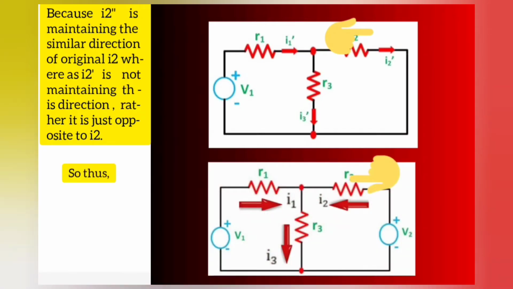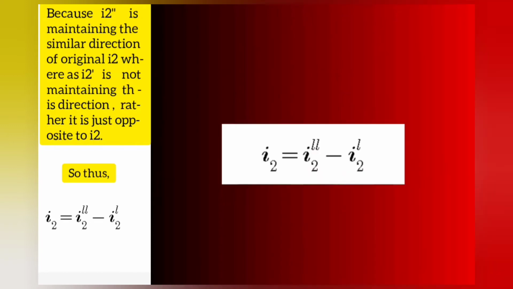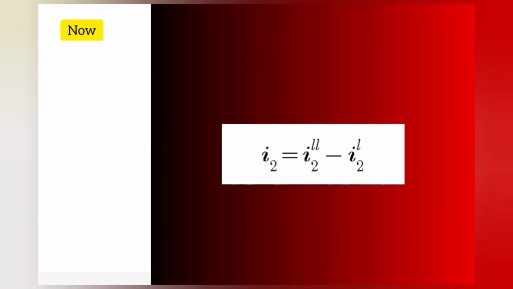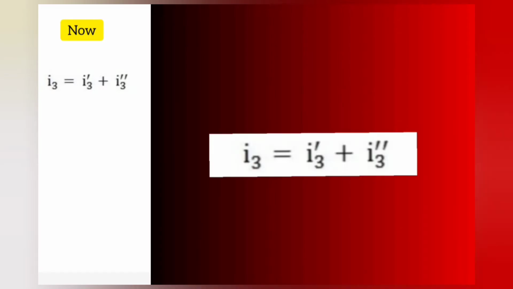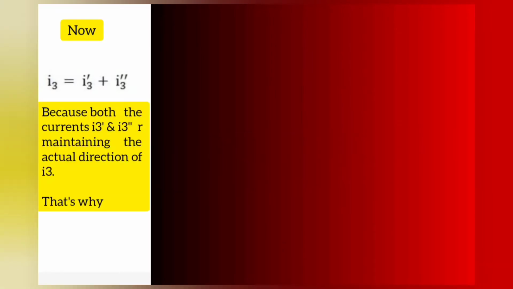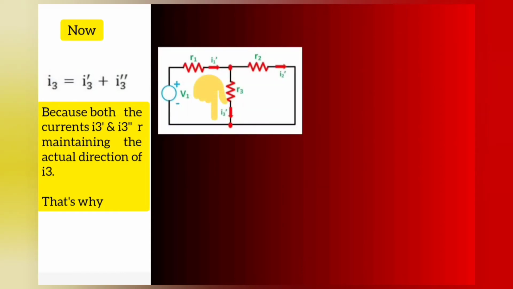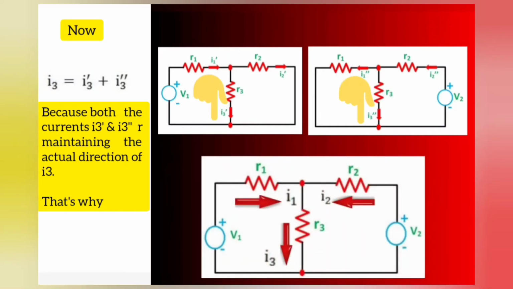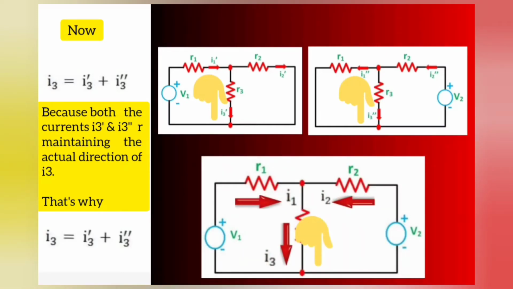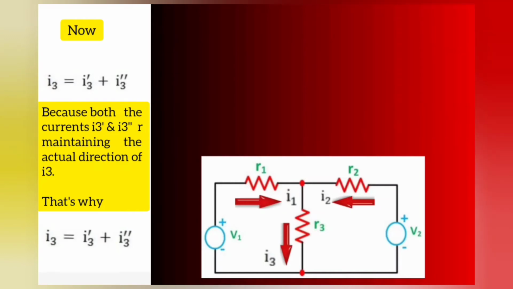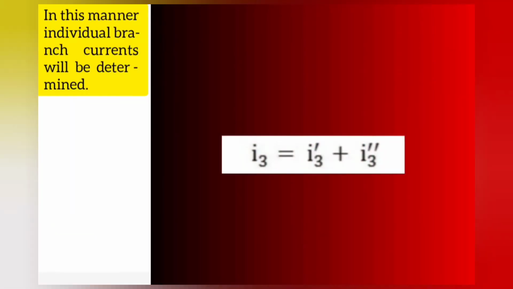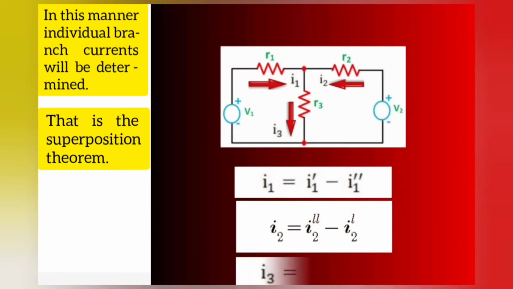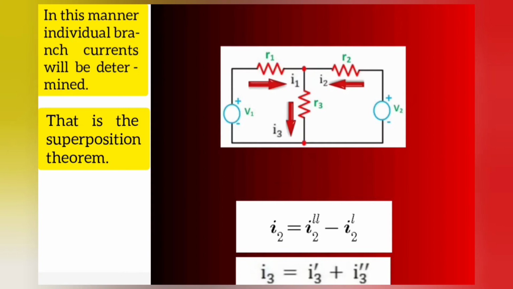Now I3 equals I3' plus I3'', because both currents I3' and I3'' maintain the actual direction of I3. In this manner, individual branch currents are determined. That is the superposition theorem.